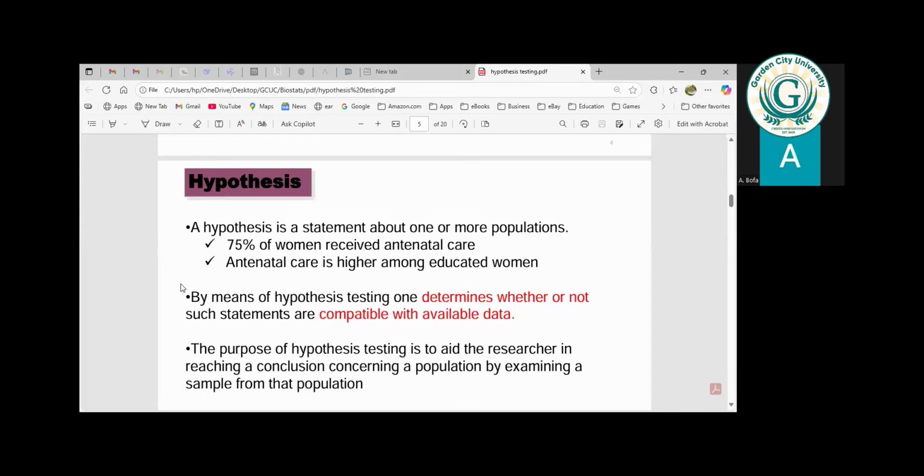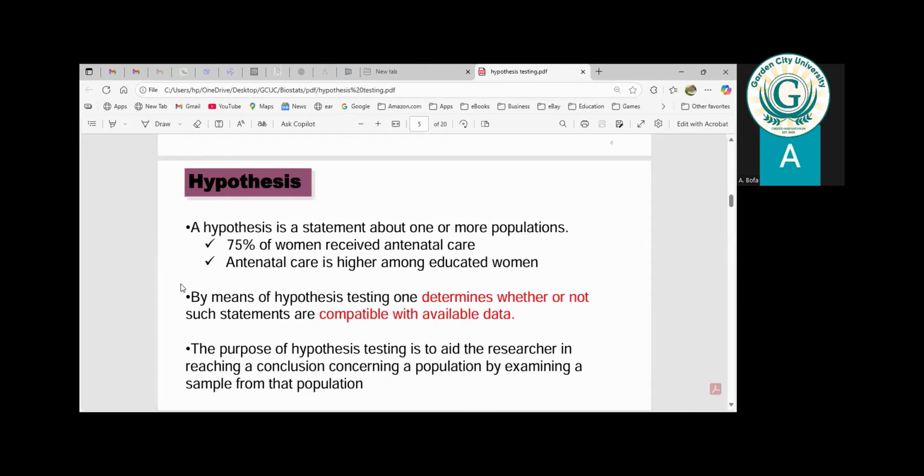So someone can make a claim about your class that, let's say, 90% of the class are interested in biostatistics. So he's making a claim, and this claim can be true, and at the same time, it can be false. So you need to do what?